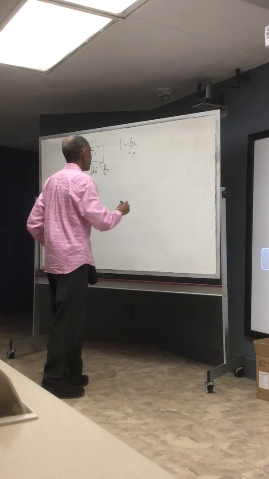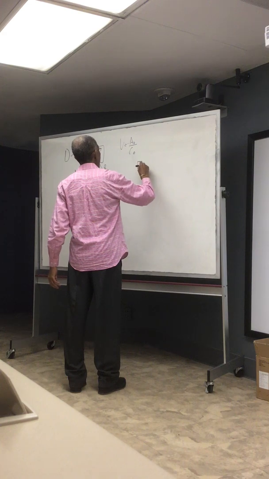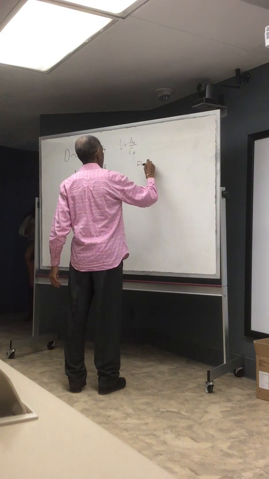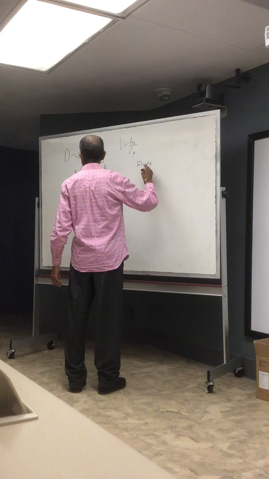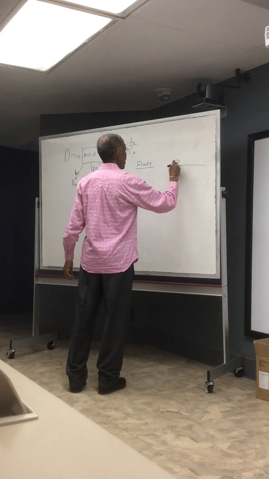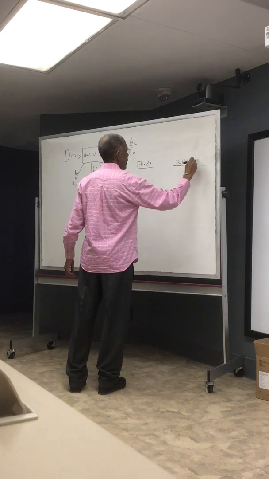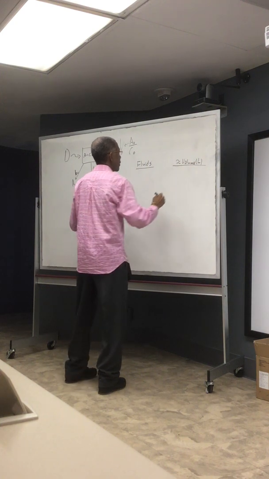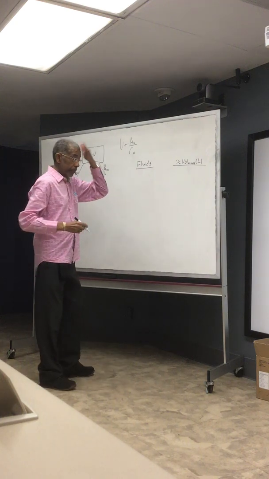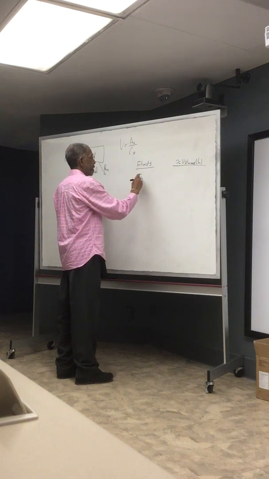So in the body, let me see if I can diagram this. There are certain fluid compartments. Fluids, and I'll just say approximate volume in liters, okay? So you have intracellular fluids, not intracellular, I want to say extracellular first.